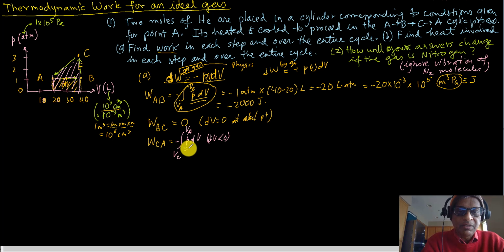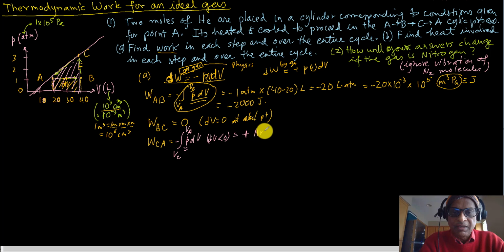Of course, you can write P as a function of V on this line and do the integral, or just do the area. Because dV is negative, this flips our sign, so it's plus the area under the PV curve. This area is the rectangle plus the triangle.